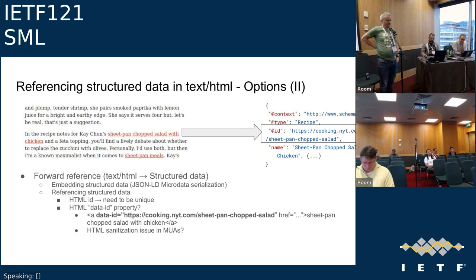The question is how that would be done and what would be the best way. Some very rough ideas: the HTML ID attribute is probably not the right thing to use because it has a uniqueness constraint that might not always be satisfied here. One thing that came up in my research is the data-id property, which is also sometimes used on the web.